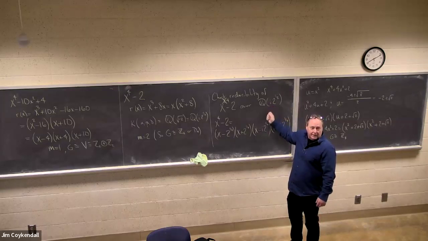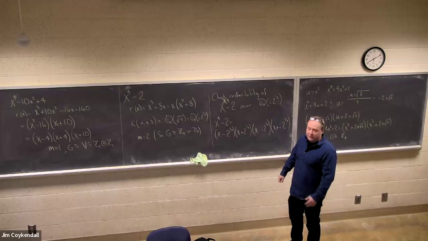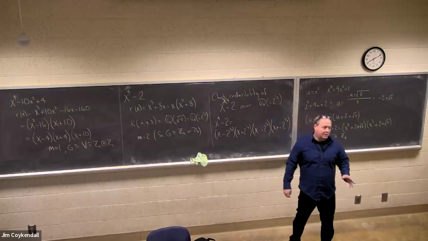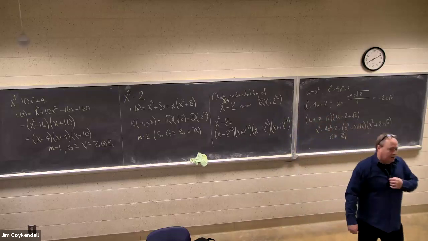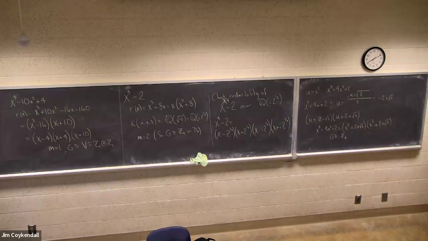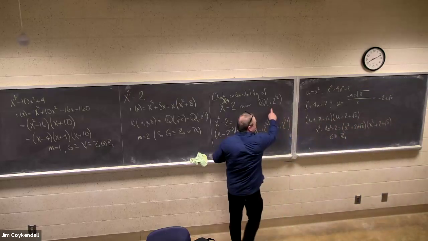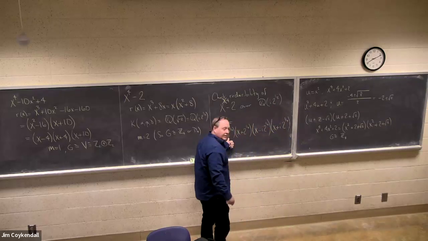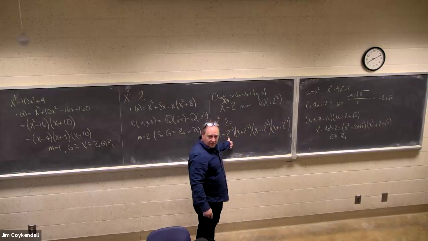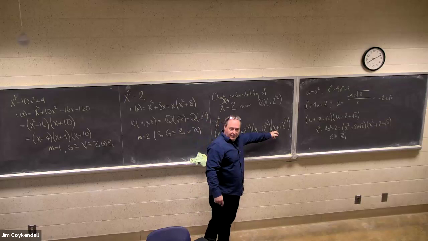Agree? Now, the first observation is it can't possibly factor into a linear and a cubic. Why? None of the roots are in that field, right? 2 to the 1/4 is not in here, because in fact 2 to the 1/4 requires a quartic extension. And this is true of all of these.